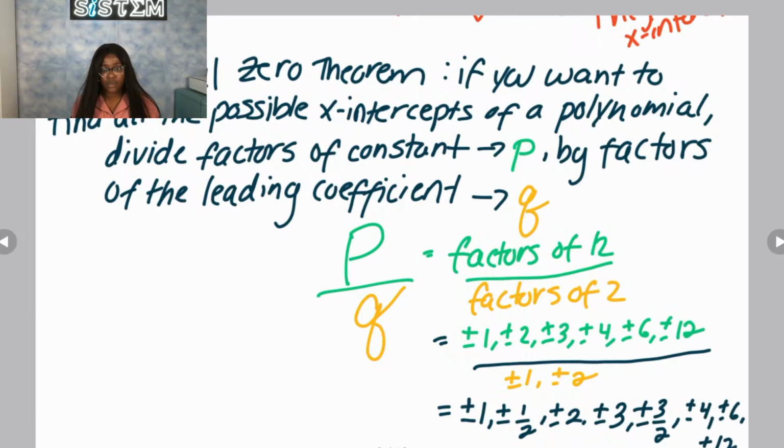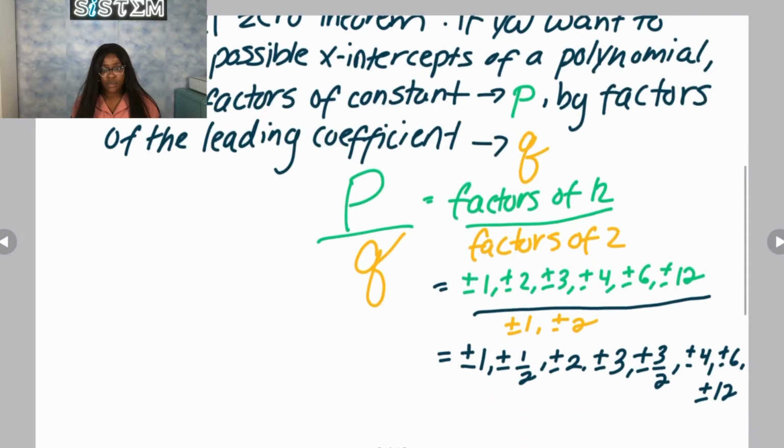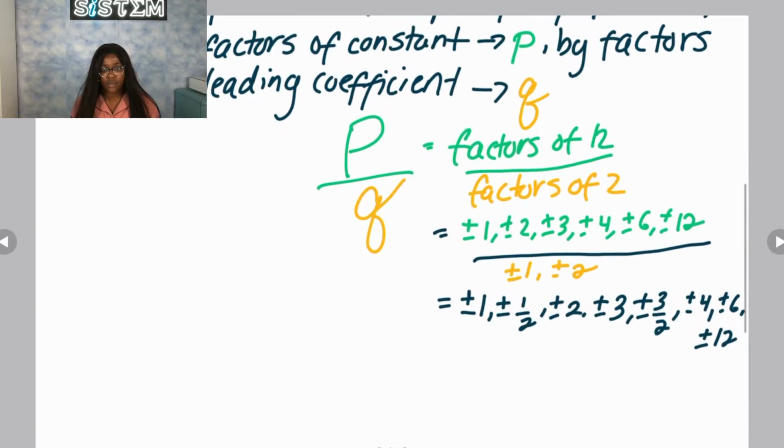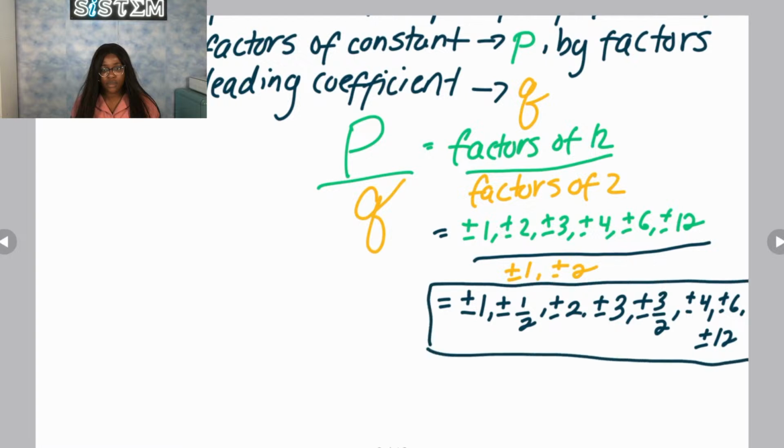Those are all of your potential factors of your polynomial, or your potential x-intercepts. That's kind of a lot, right? And we know we need 3. So from somewhere in these numbers, we have 3 intercepts that will work.